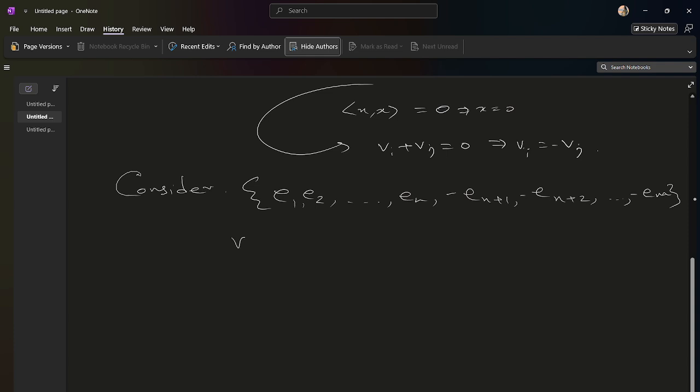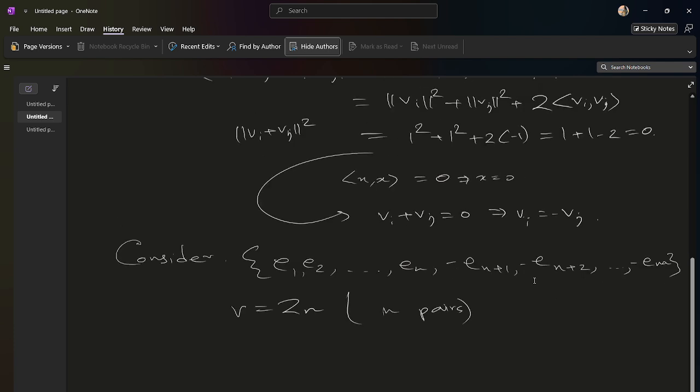Then our R is equal to 2n, because we get n pairs, so R has to be 2n, because n pairs have 2n elements.